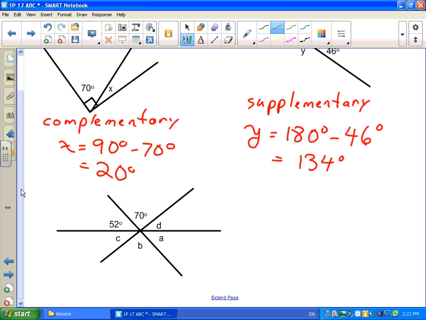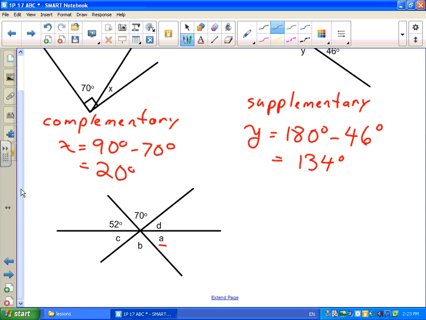Now, this one here is a little tricky. We've got 4 letters here, A, B, C, and D. We've got to figure out what all of these angles are here. So usually there's an order that you want to go into. You want to do these in. I think we should start with angle A here. How can we figure out what angle A is going to be from this picture? What do you think, Riley?